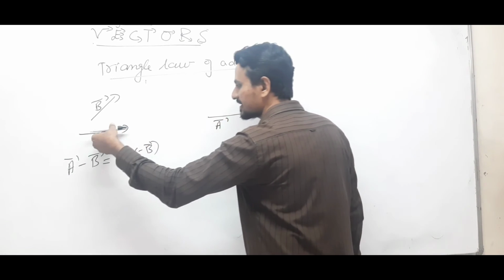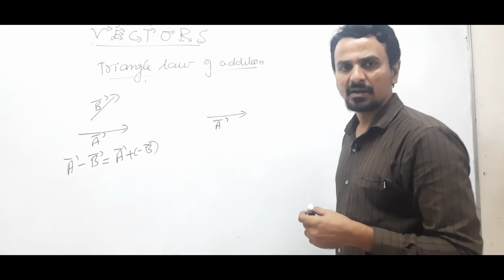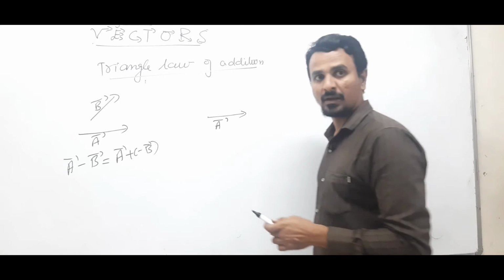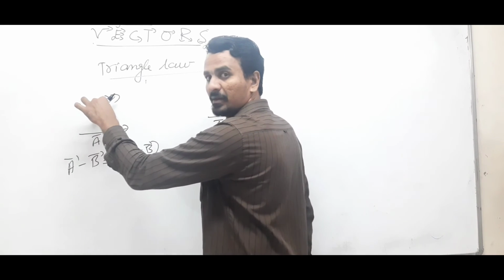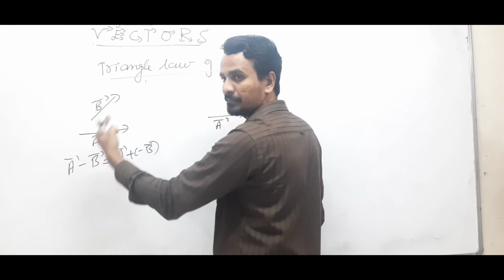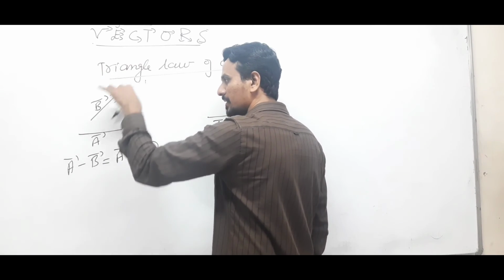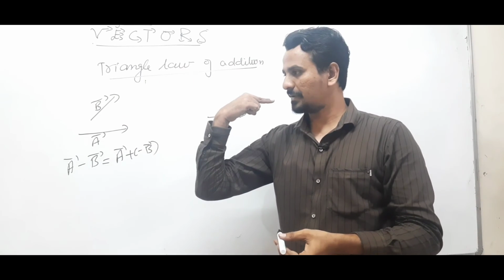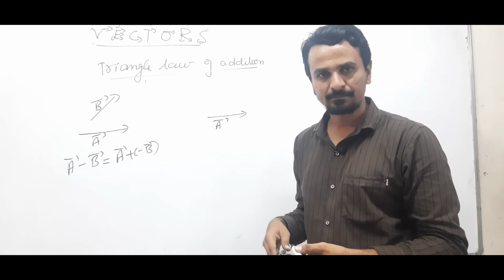Draw or just place the vector A as it is, with the same magnitude and along the same direction. Now, originally this is your vector B, with the arrow in this direction. So minus B will be this way. Vector A is along this direction, so minus A will be along the opposite direction.